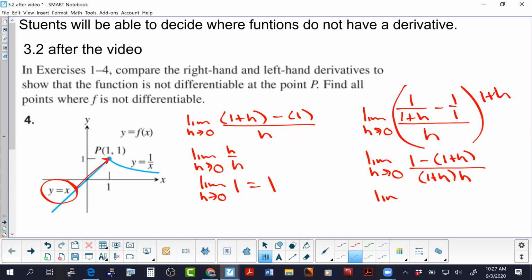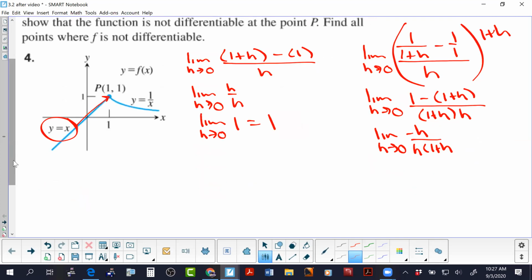We have the limit as h approaches 0 of negative h over h times 1 plus h. Those cancel. So we have the limit as h approaches 0 of negative 1 over 1 plus h. And that's negative 1 over 1, negative 1.